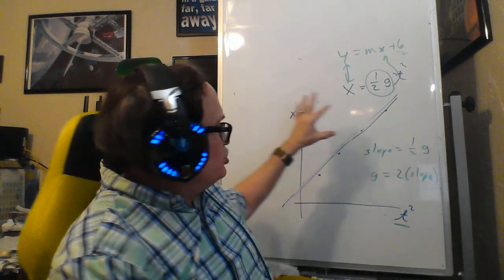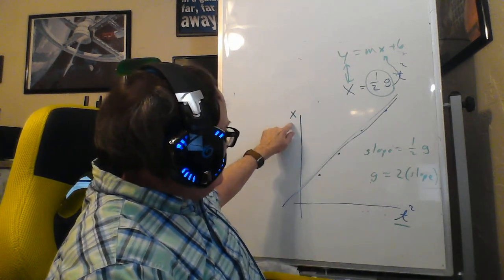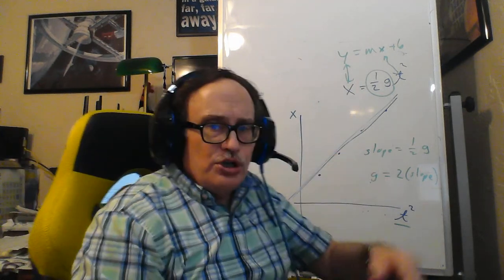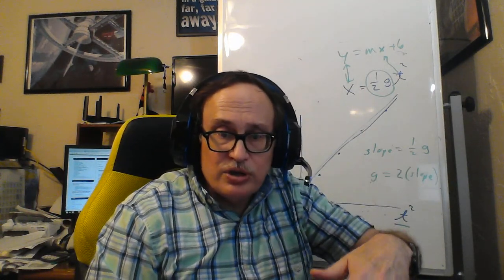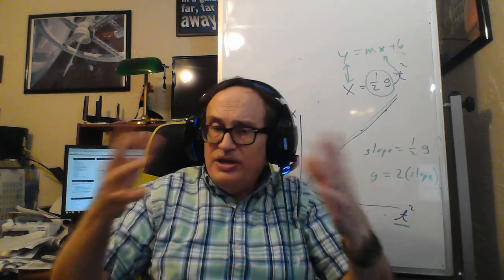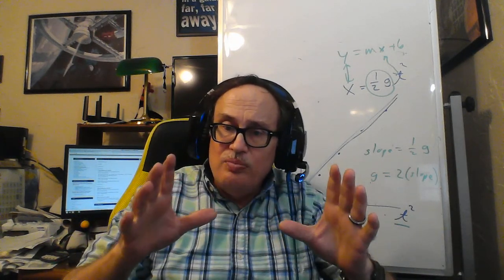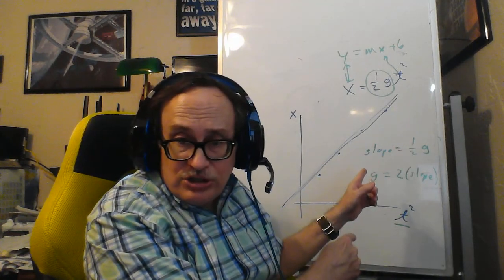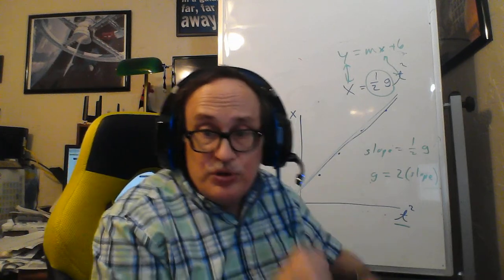Now remember, the slope has units. In this case, this is distance, this is time squared, so the slope is distance over time squared. If you use Excel or a spreadsheet of some sort, it doesn't have units in there, it just gives you a number. You need to look at your graph, see what you are actually graphing, and put the units in.